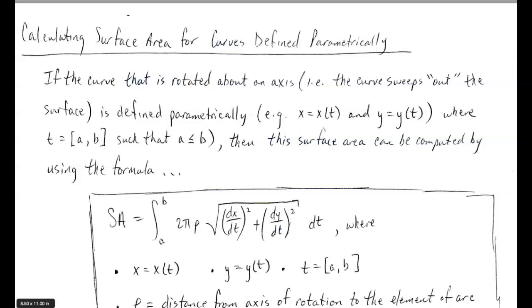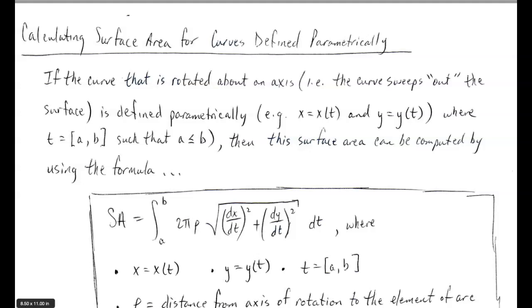Essentially, if a curve that is rotated about an axis, meaning that the curve sweeps out a surface, is defined parametrically, meaning that both x and y that we normally use as our variables are defined in terms of another variable, and that independent variable is defined on some closed interval such that a is less than or equal to b, then the surface area can be computed by this formula.